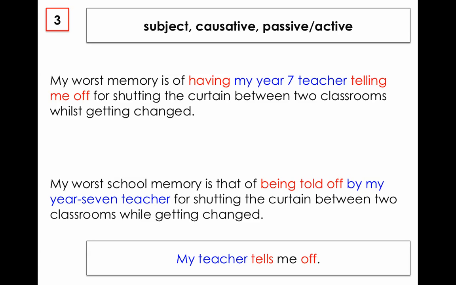I can also say I had the hairdresser shave all my hair off. In the same sense, I'm causing the hairdresser to do something. What we've got in the first sentence is a causative structure, which is very similar to a passive structure. In the second sentence, what we've got is a passive structure. Being told off by my Year 7 teacher.